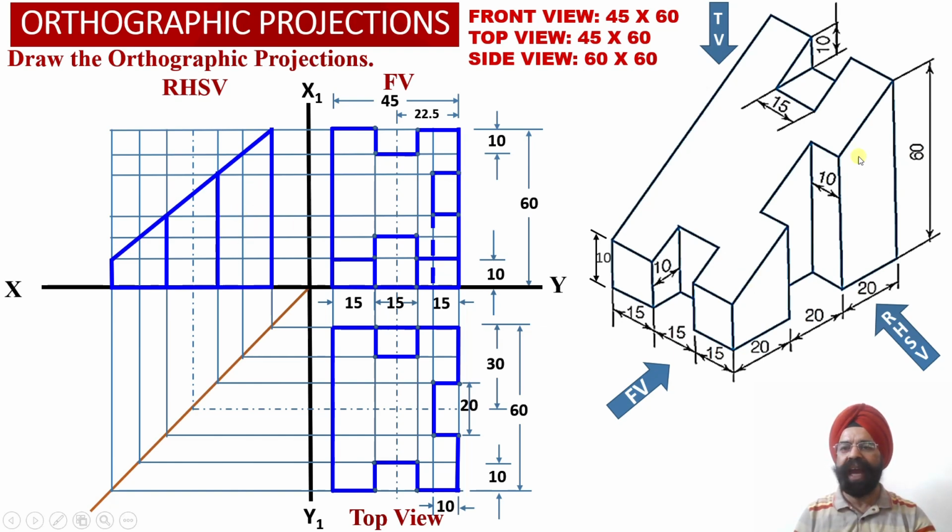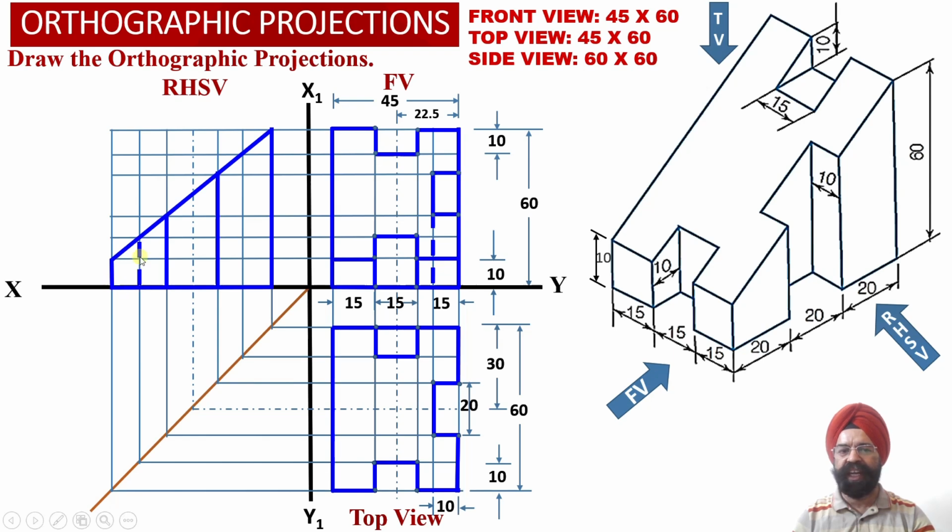Now we know that this surface is not visible to the observer. Corresponding to this vertical face, dotted line projection will be available. But this projection will once again be a true shape projection, which is obtained into the front view projection.